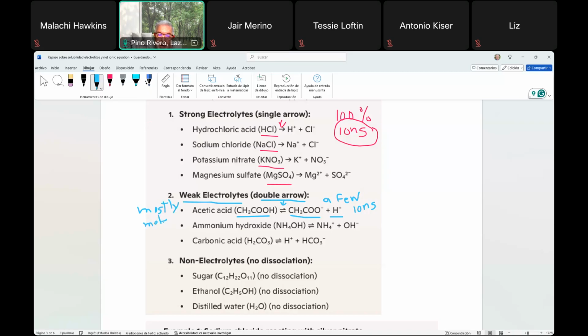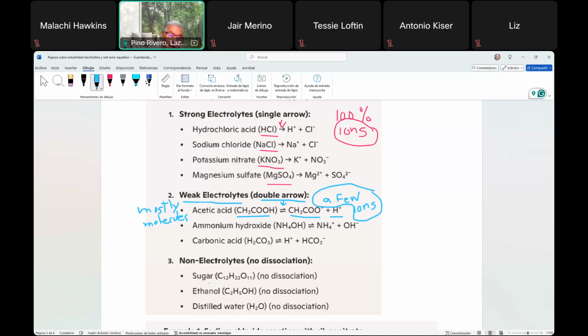What happened? Molecules don't conduct electricity. And the ions, yes, they conduct electricity. But as we have a few ions, that's why the conductivity is very, very small. Okay?